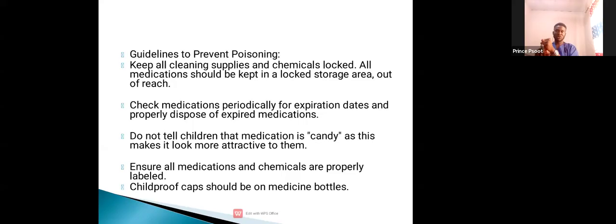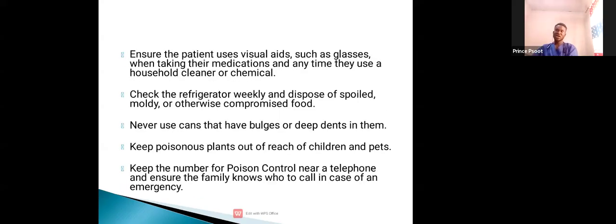Then do not tell children that medication is candy. Chemical properties are all labeled on medication bottles. Ensure that the person wears glasses when taking their medications, and anytime they use a household soap, cleaner or even a chemical, if the patient has an eye defect or something.